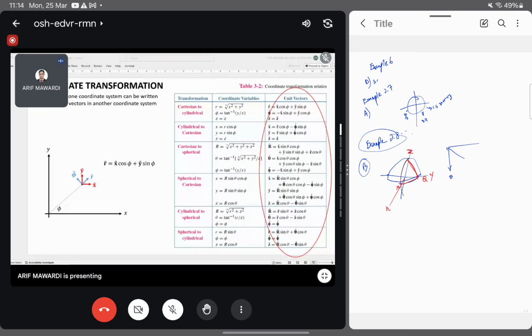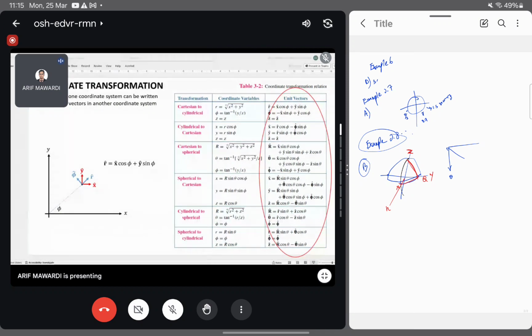And r is defined as the distance from the z-axis. The z-axis, if you can imagine, is coming out of the page, coming towards you. So that's the direction of z. The direction of r is the distance from the z-axis, so r should be increasing along this direction. Now if I want to sketch the direction of r, it should be along this direction, in the direction of increasing r.